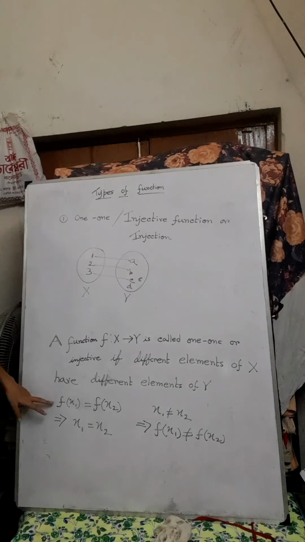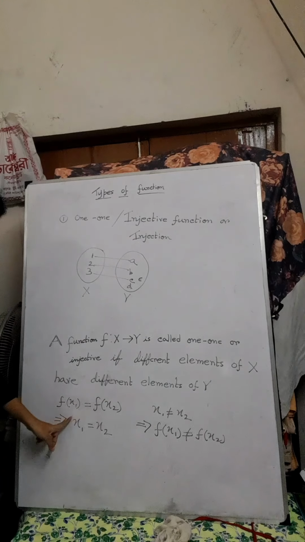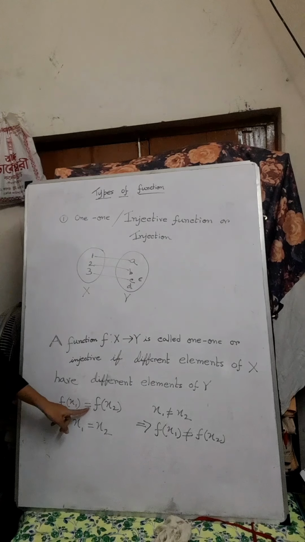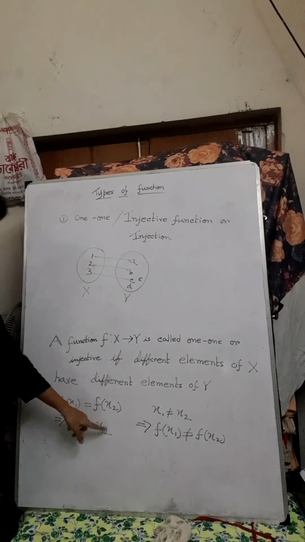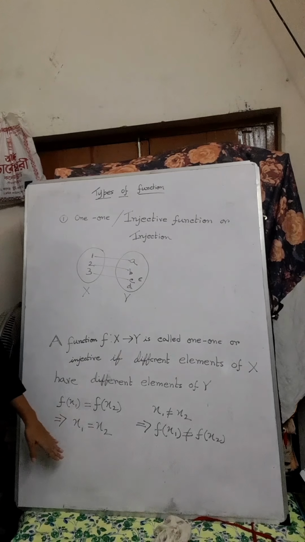Then you will prove x1 equals x2. Sorry, this will be the one and only condition for that. If from f(x1) equals f(x2) you derive that there is one more condition except that, then it is not a 1-1 function.